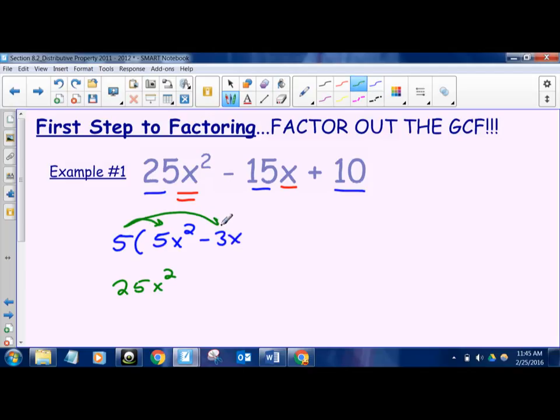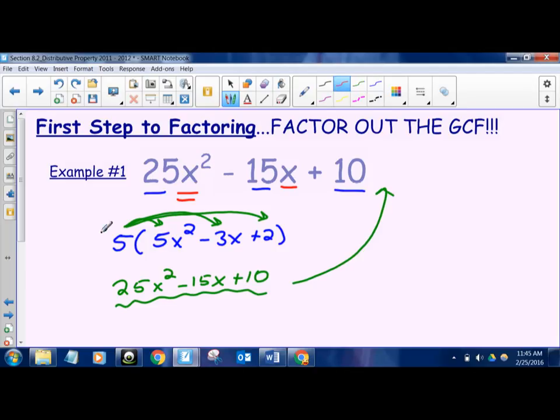If I do the multiplication, 5 times negative 3x is negative 15x. And then I do one more. I do 10 divided by 5. That's just 2. So if I use the distributive property here, 5 times 2, this would be plus 10. As you see, this matches up with the original polynomial, and my answer in factored form is this right here.